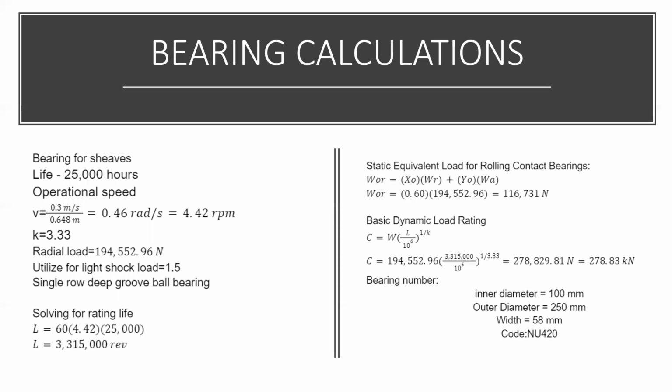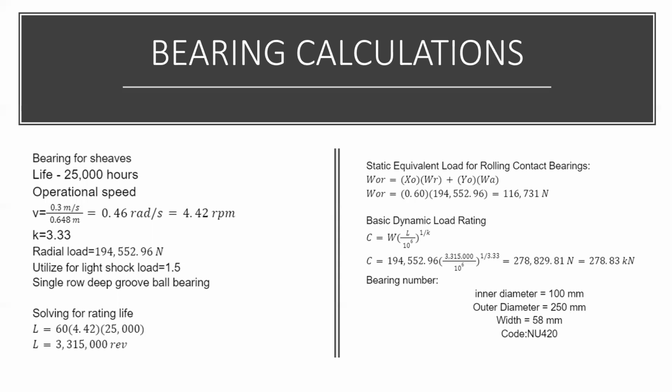For the bearing calculations for the sheaves, again, we use the life of 25,000 and compute for the operational speed again. Solving for the rating life again, we got 3.3 million revolutions, and the static equivalent load for the bearing, which we got at 116,000 newtons.